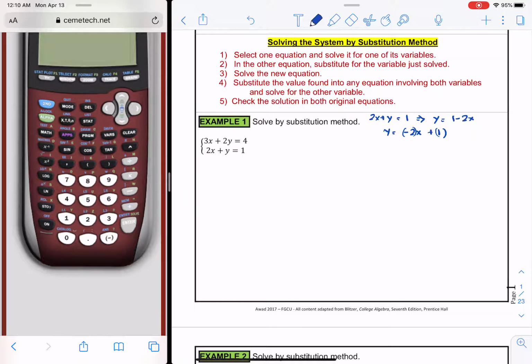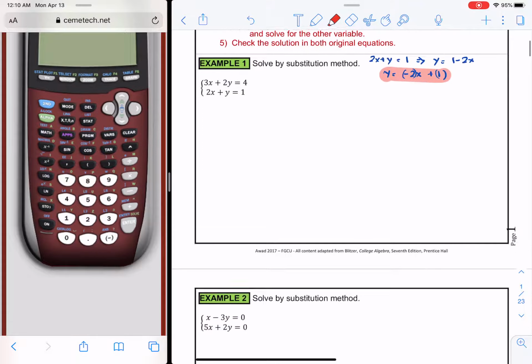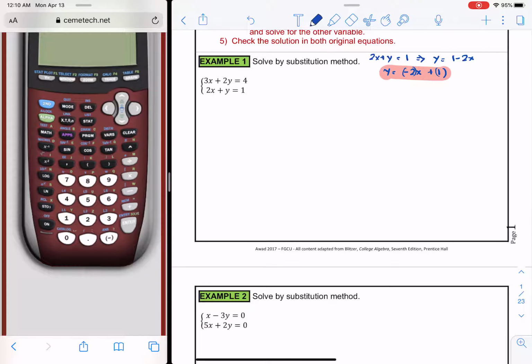So first off, we rewrite the equation like I just did. It doesn't matter which one you pick, but you pick the one that is going to be easy to work with. So I'm going to pick the second equation. So I have an expression for y. I'm going to take that and substitute for y in the other equation.